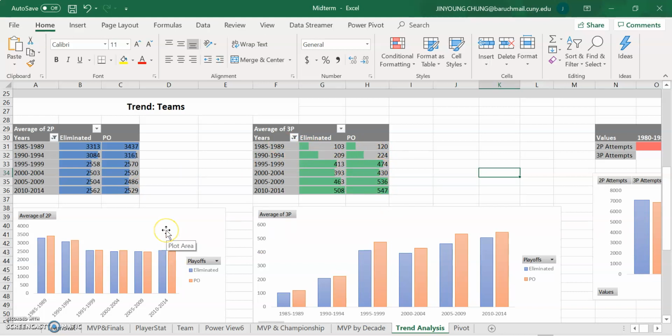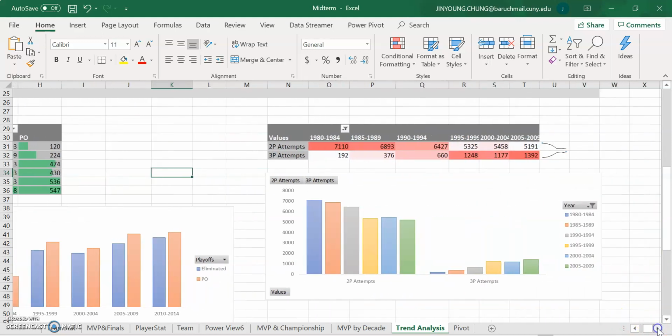Another thing to note is that eliminated teams sometimes made more 2-pointers than playoff teams in some years, like these 2 decades. On the other hand, eliminated teams never made more 3-pointers than playoff teams in history. And there is a notable difference in the number of 3-pointers made between the 2 groups compared to 2-pointers.